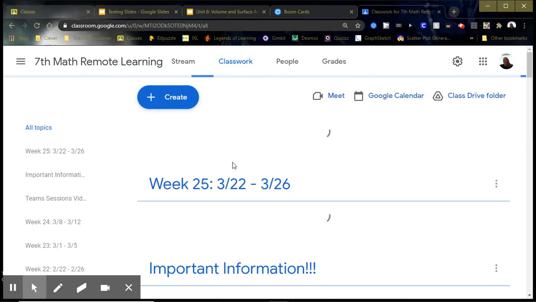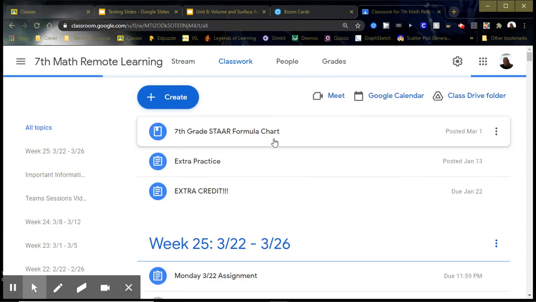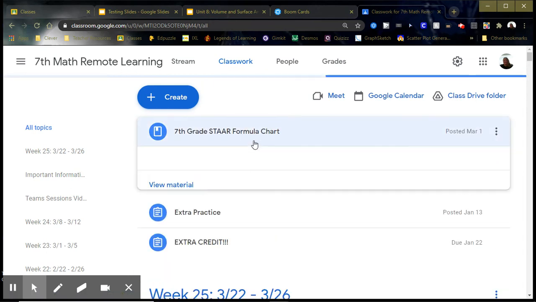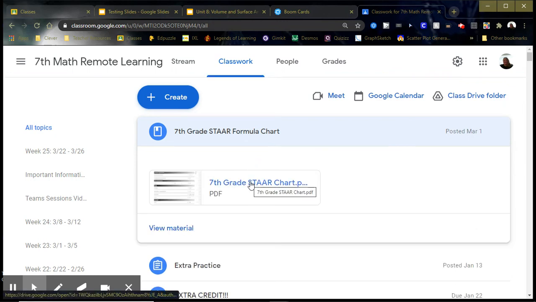I have the formula chart right up here at the top of your Google Classroom page. Right here, 7th grade STAAR formula chart. This is going to be your friend. It has all of your formulas for area and volume and stuff on there.